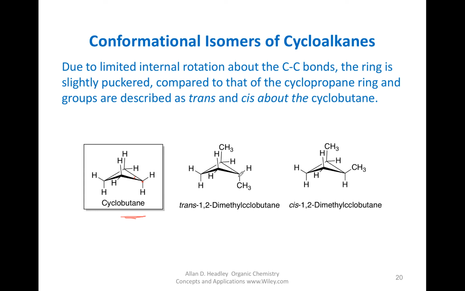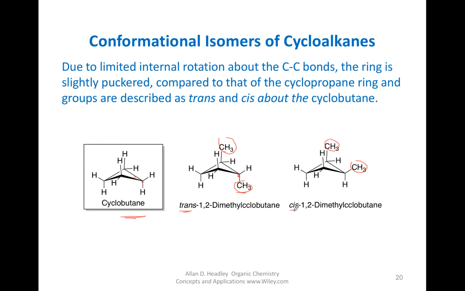But if you put groups on it, such as a methyl group and another methyl group here, you can still describe them as trans and cis. So here's a trans because this methyl group is on one side of the ring and this is on the opposite side of the ring. This one is a little trickier to see because this methyl group is on this side and this is on this side, and that's a cis relationship.